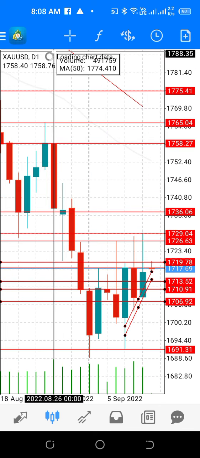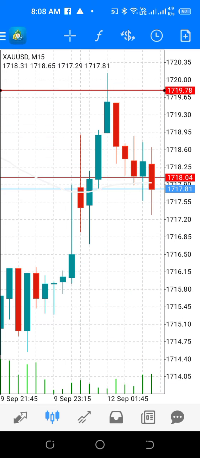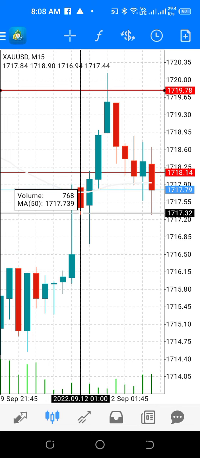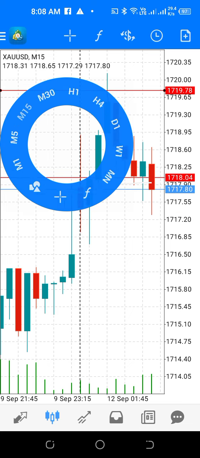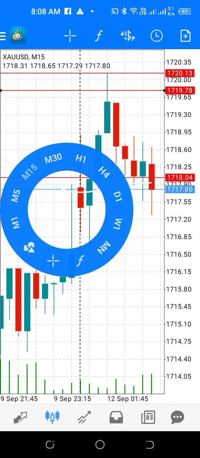So we'll check the momentum for the daily. Considering that it's still on the bearish side, we have to be watchful. We will consider this upon opening of the Asian Sydney session here, on the 15 minutes chart. So this is the Sydney high, and this is the Sydney low.